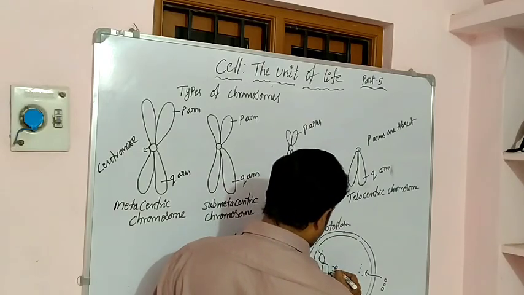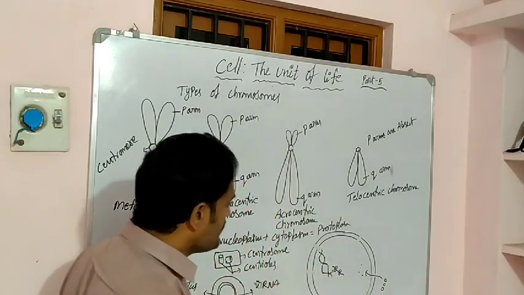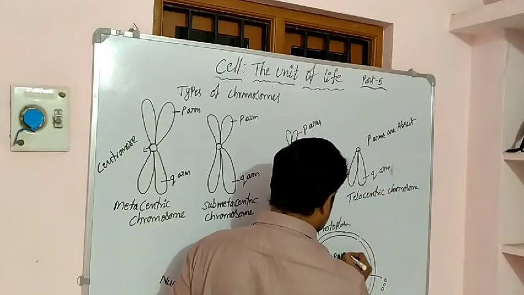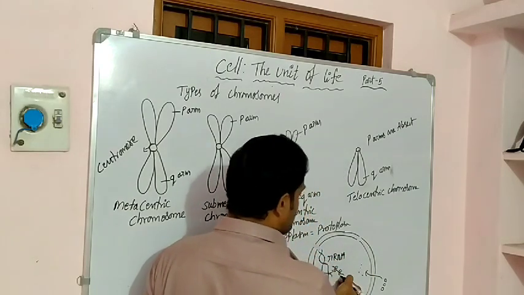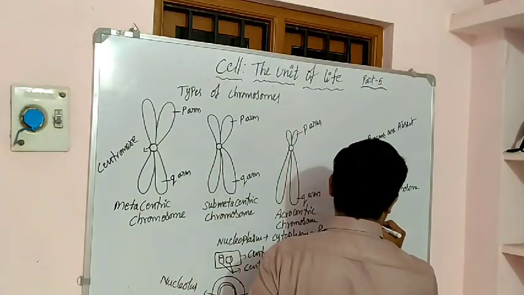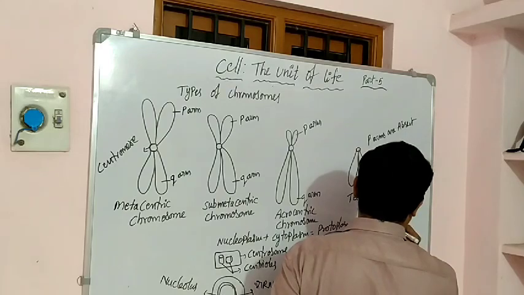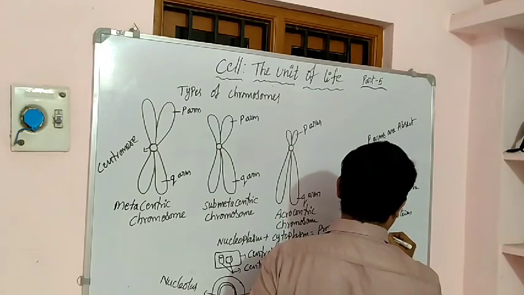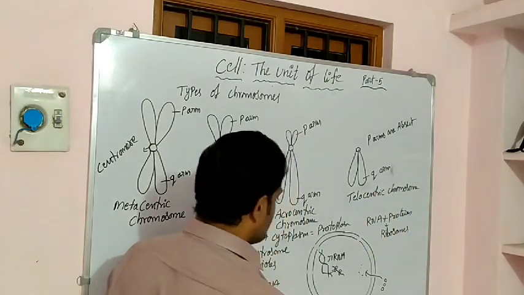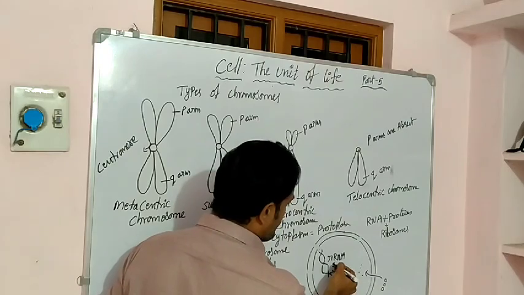Then the combination of RNA, which type of RNA? rRNA. This RNA plus proteins, remember, combine to form ribosomes. See, some portion of the DNA is converted into rRNA.